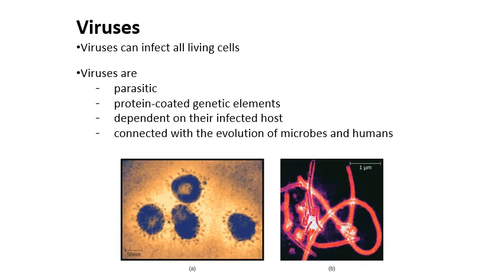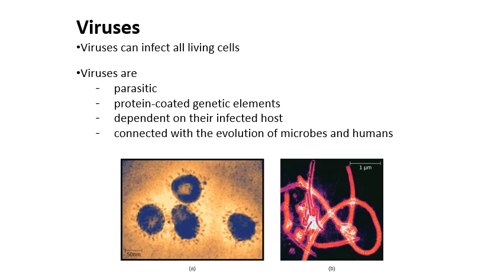All right. Next category is viruses. So viruses are capable of infecting all living cells. So animals get viruses, plants get viruses, fungi get viruses, even bacteria get infected with viruses. So they can infect everything. They're considered parasitic.